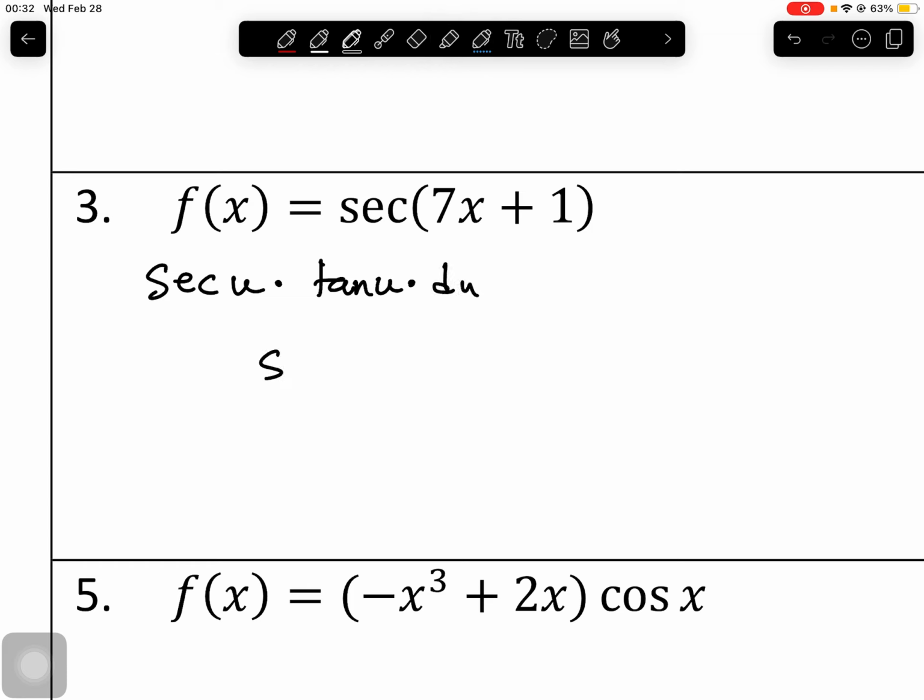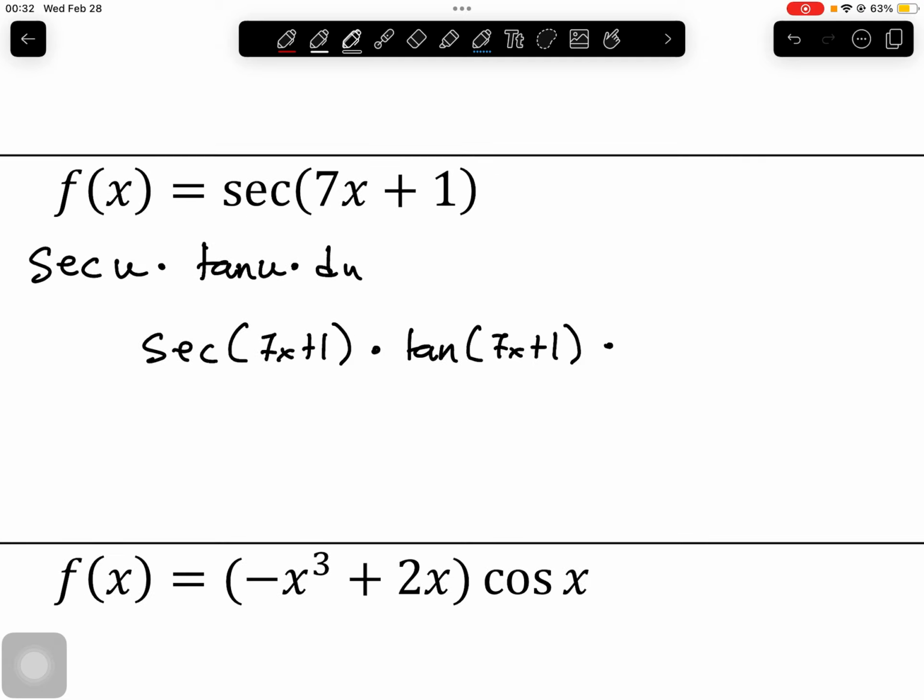So it's basically going to be secant, parentheses 7x plus 1, times tan, parentheses 7x plus 1, times the derivative of 7x plus 1, which is basically just going to be 7, which you could move to the front if you would like. If not, that's also fine.